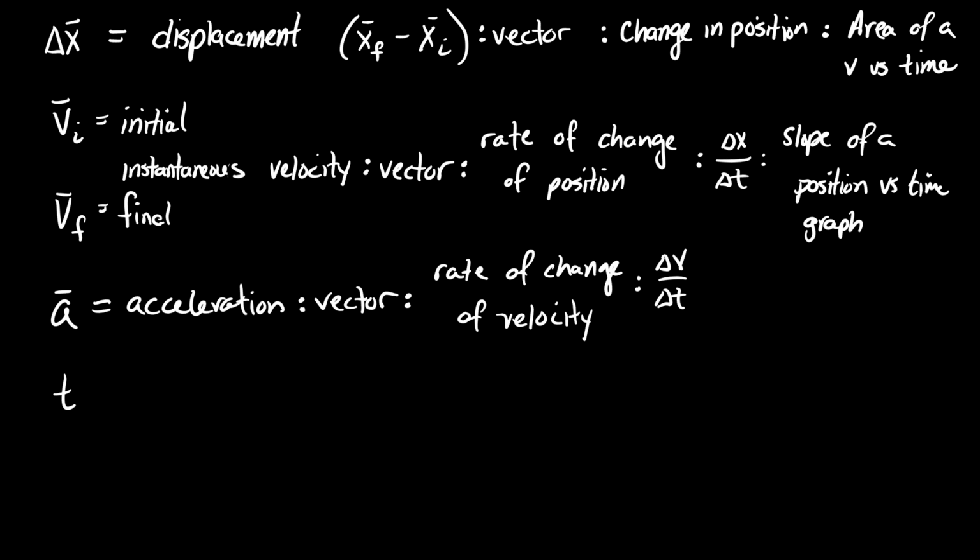You can't really use these. I'll remind you, it's hard to use these. You can only use these if your function is linear. I'm saying this because they are symbols of slope, right? Delta x over delta t and delta v over delta t are symbols of slope because acceleration is the slope of the velocity versus time graph.